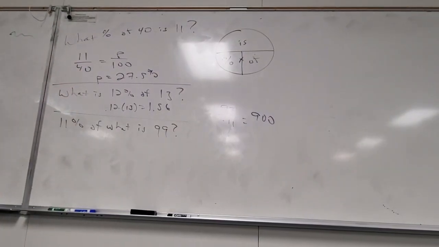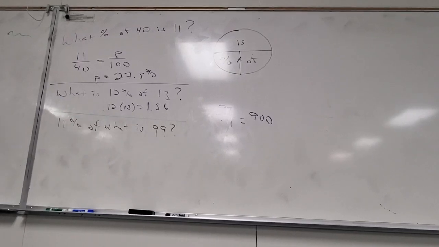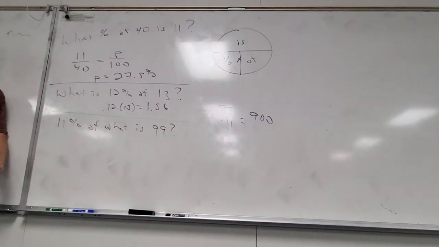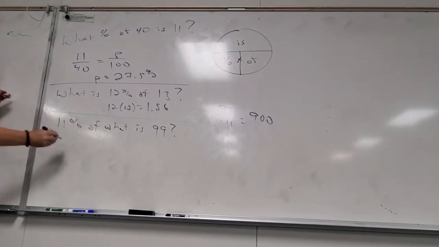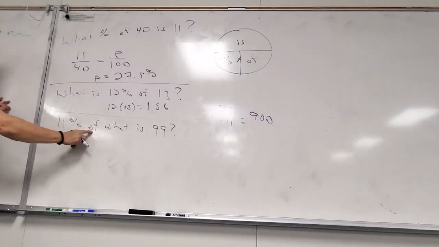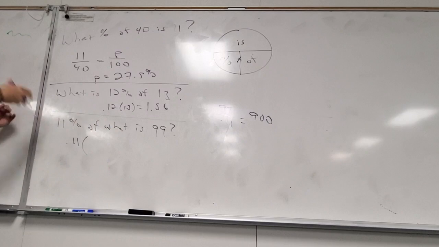Here's the way I prefer to show this when I'm teaching, again, back in the day when I could teach math at 88. This directly translates into an equation. 11%, 0.11. What does of mean? Times what? So what in algebra?